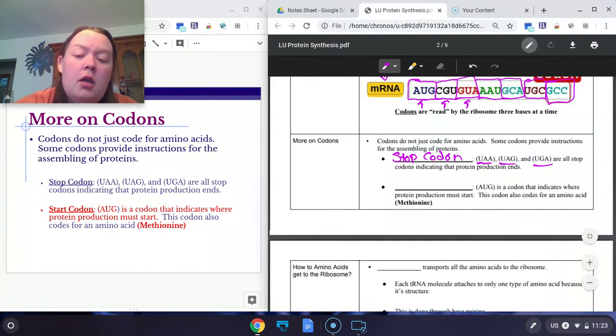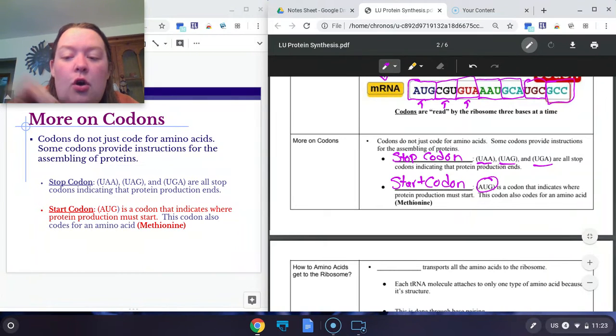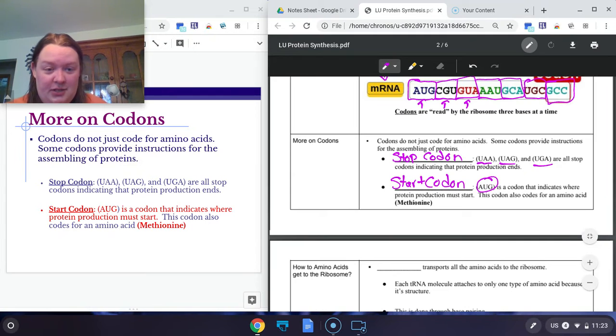Protein's finished. And we're also going to have the same for start codon. The start codon is always AUG. AUG means, hey, start here, proteins need to be made. Start reading here. That's where you start doing the process, and then you stop when you get to a stop. Now, one thing to take into consideration is that the start codon always codes for the same amino acid, methionine, meaning all proteins start with that same amino acid.